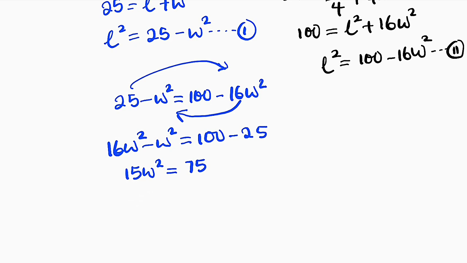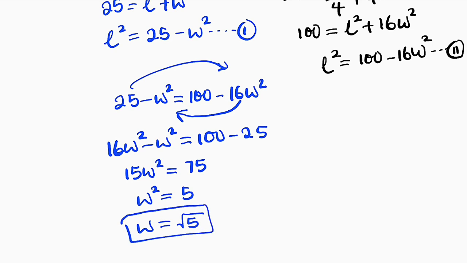If you divide both sides by 15, you have w squared is equal to 75 divided by 15, which is simply 5. And hence, w is equal to the square root of 5. Do not attach plus or minus because this is length. All lengths are positive. Now we have gotten the value of w.